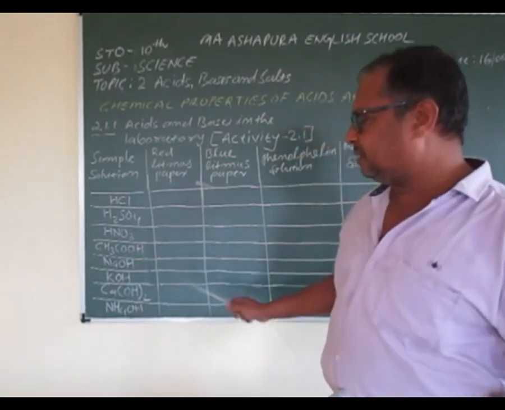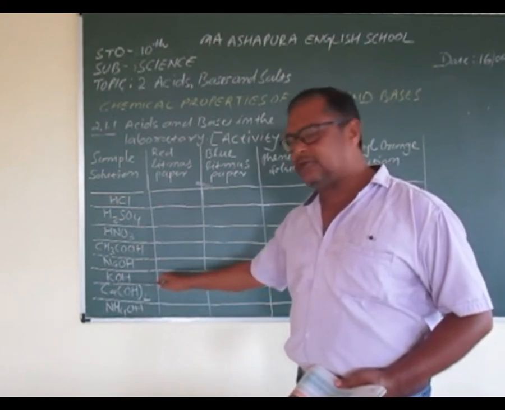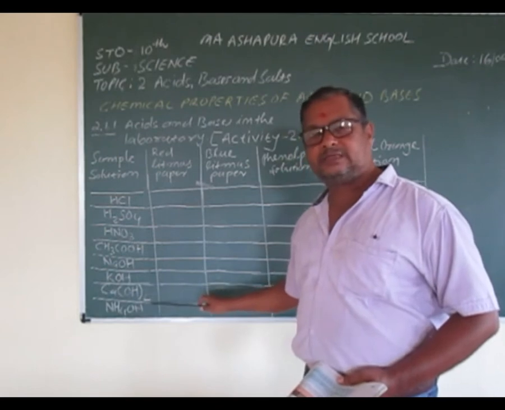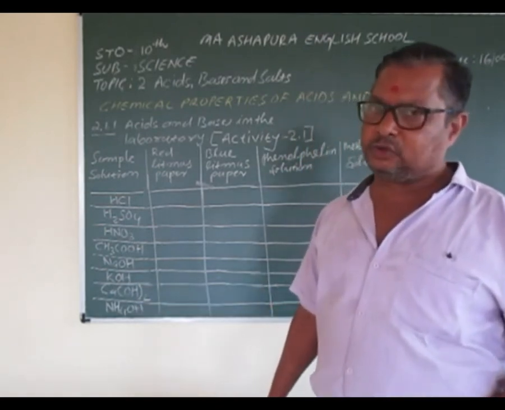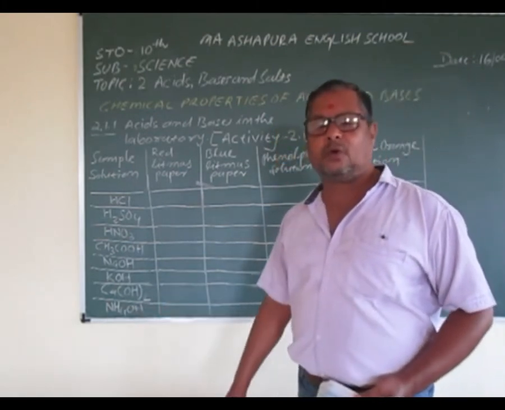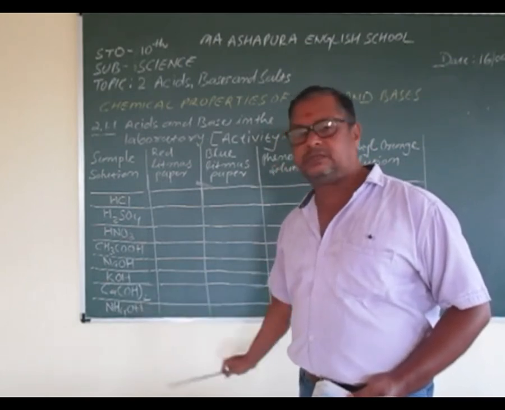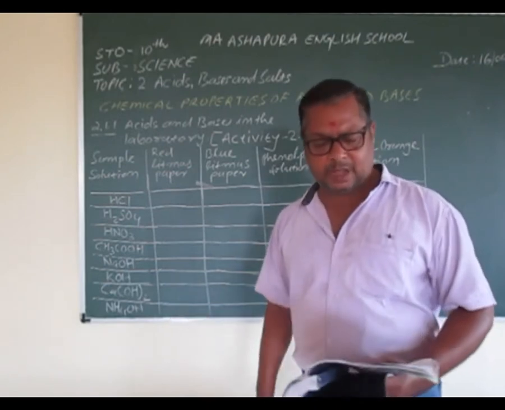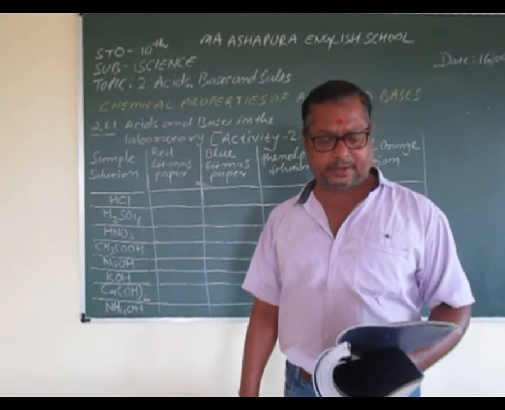Okay, some other samples are NaOH, sodium hydroxide, KOH, potassium hydroxide, Ca(OH)2, calcium hydroxide, and in its place you can also take Mg(OH)2, magnesium hydroxide, and last one NH4OH, which is called ammonium hydroxide. So first step, collect the solutions from the science laboratory.